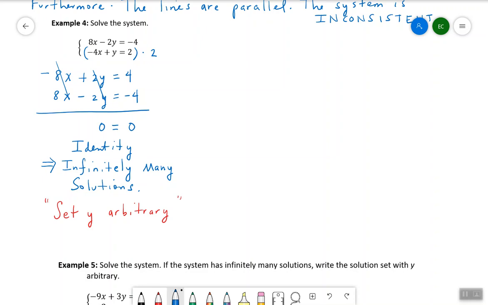And so what does that mean? That means that we're going to let y be any real number, and then the value of x depends on what we choose for y.